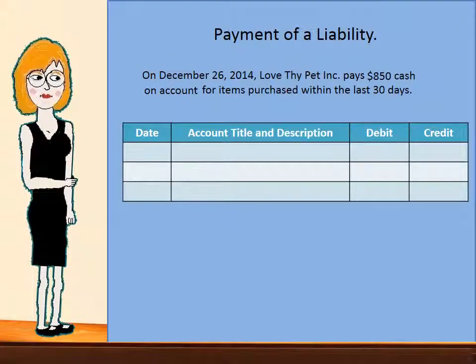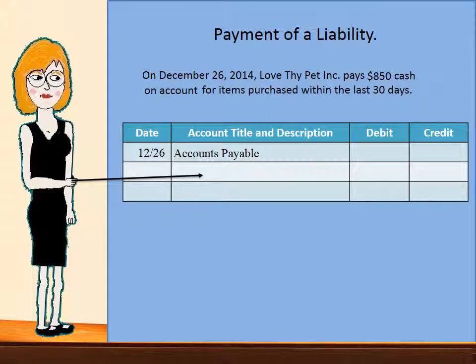$130,000. Now, the payment of a liability on December 26th, so we'll put the date, and on account, so we're paying on account, so we'll put accounts payable. We'll debit it to reduce it because it's a liability account, debiting that account reduces.